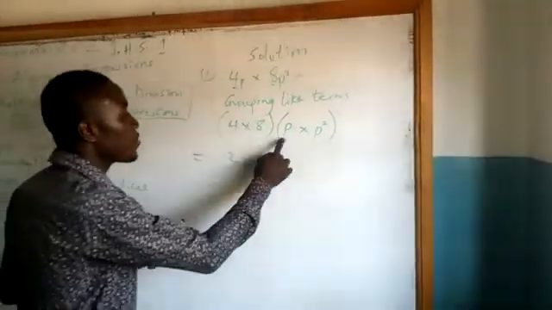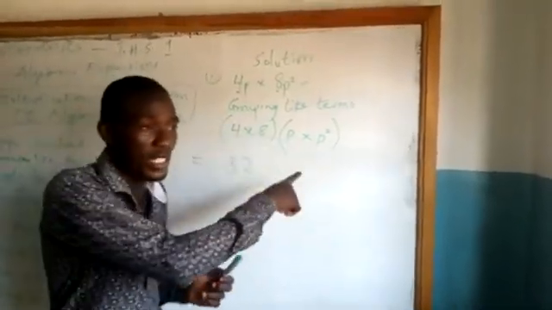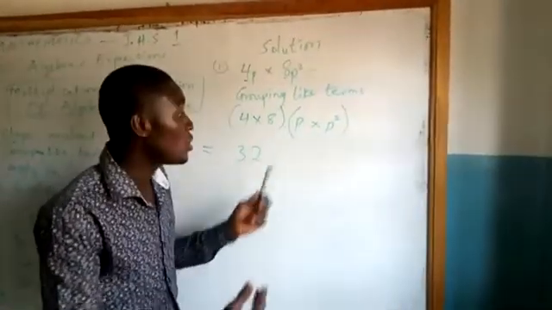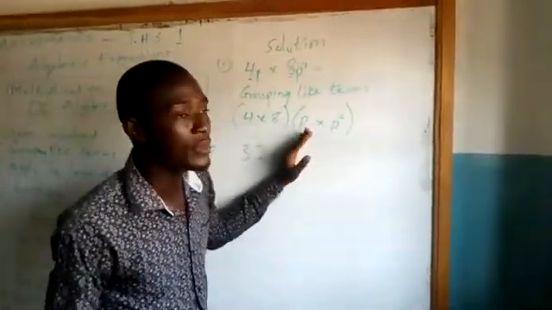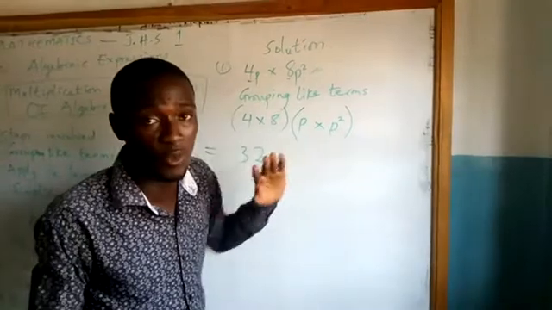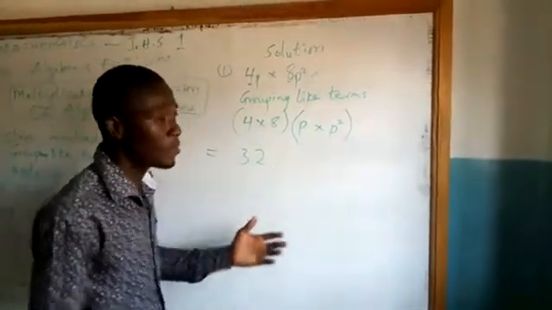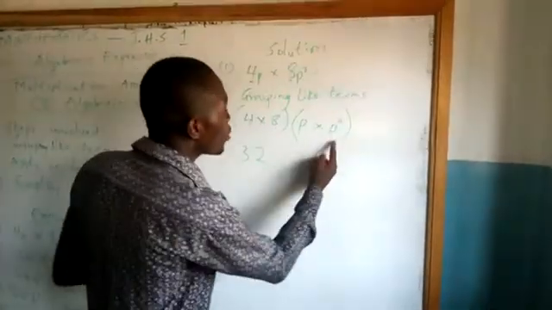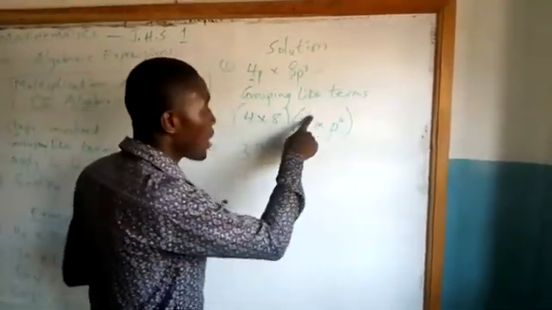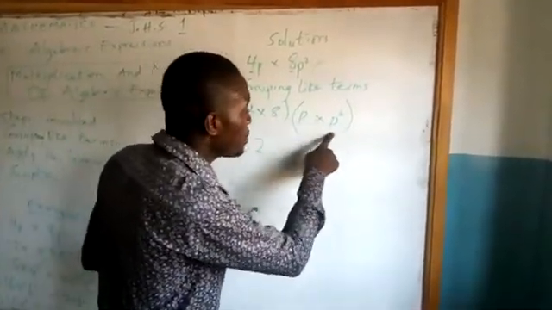Anytime you see a variable without any exponent, that means that particular base has an exponent of 1, but often we ignore the power 1. So right now we have p power 1 and then p power 2.